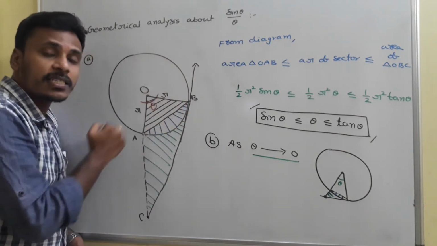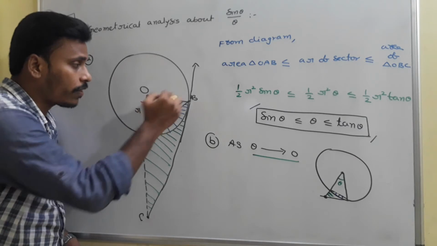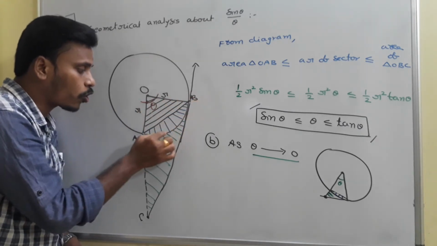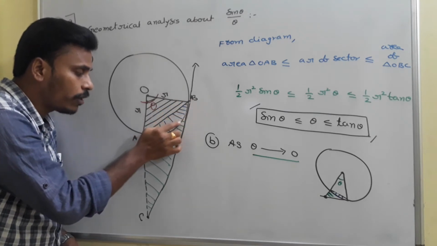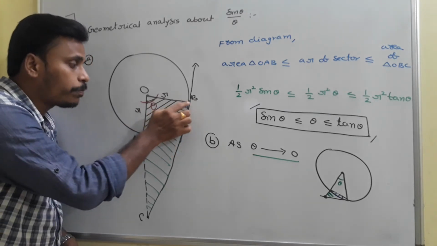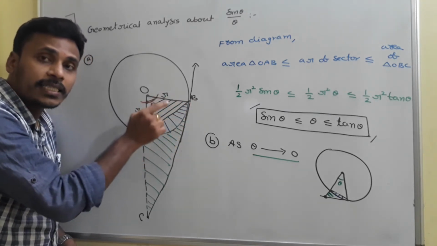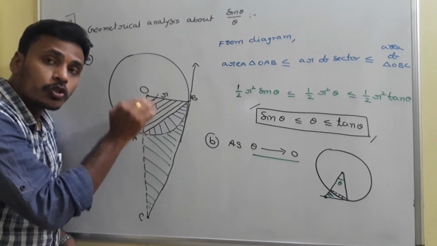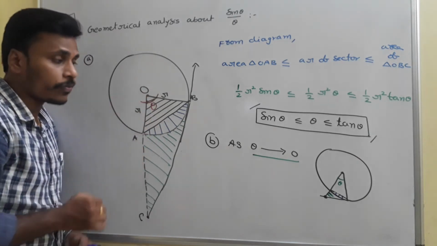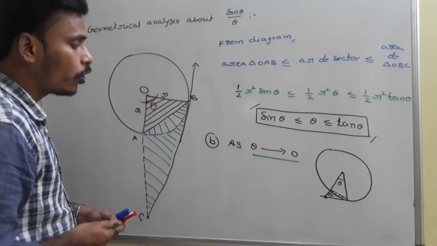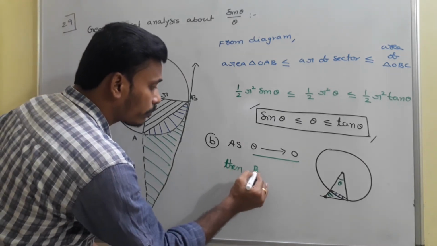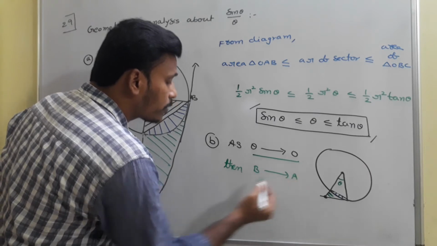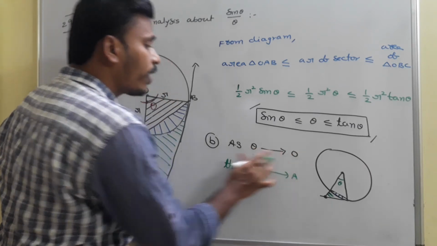Theta is getting smaller and smaller, in the sense that B is getting closer and closer to A, because this gap is getting reduced. So B will move towards A. As theta tends to 0, B tends to A. Since B is tending to A, what will happen?